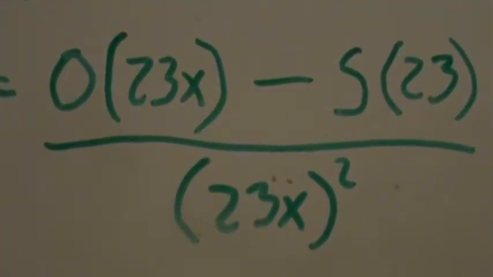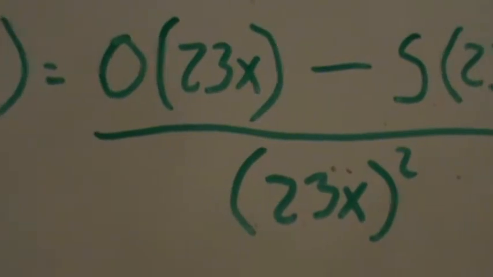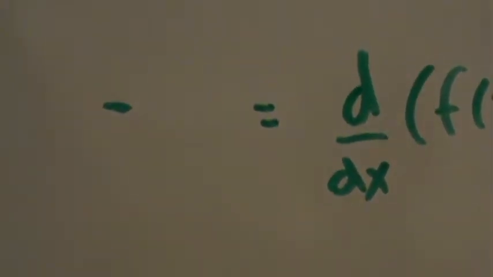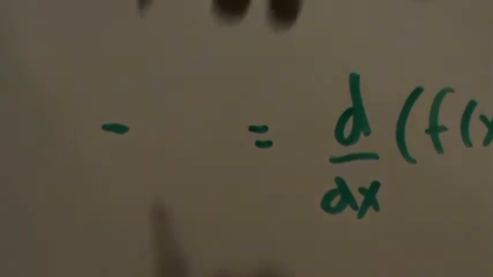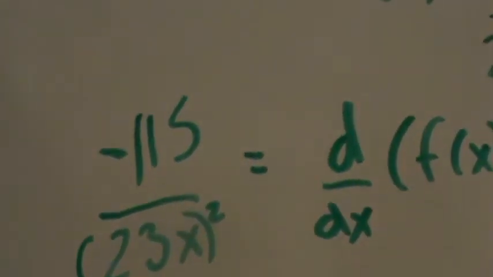So after we simplify this, what will we get? We'll basically get that this is equal to negative 115 all over 23x squared.